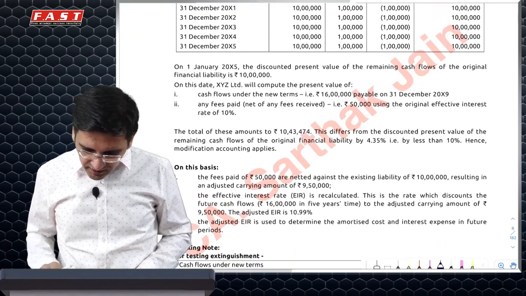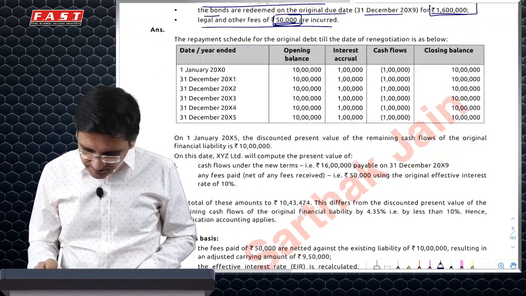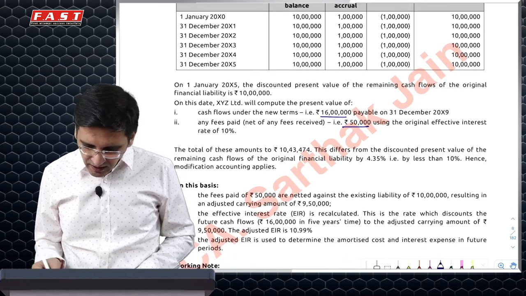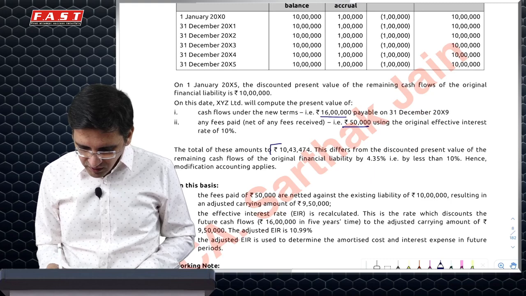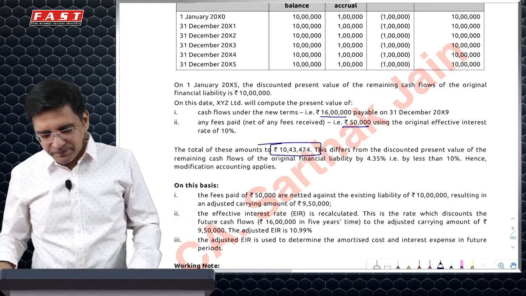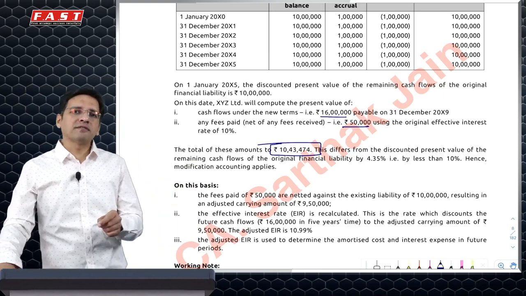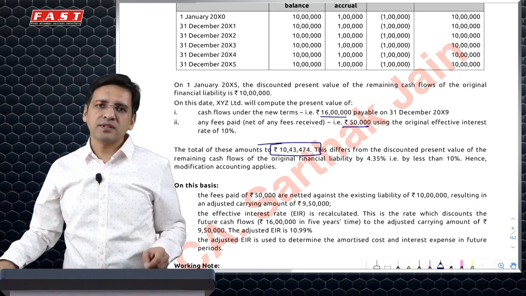So the present value of 16 lakh for 5 years plus 50,000 comes to 10,43,474. Now, if I compare this with the carrying amount of 10 lakh, the difference is 4%, which is less than 10%. Hence, there is no substantial modification.